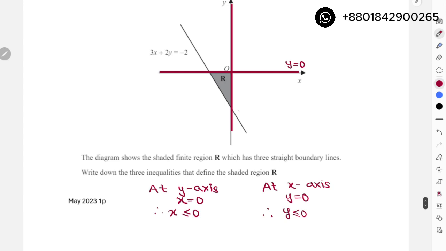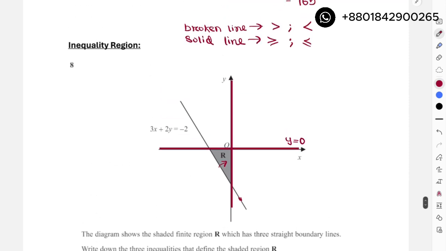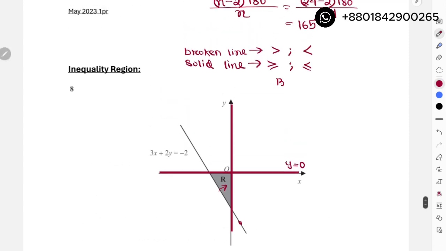Again, one thing to understand, this slant line or inclined line, the region R is above that inclined line. Below means less than, above means greater than, left means less than, right means greater than. I should write this down. Below means less than or less than equals to, depending on if the line is solid or broken. Above means greater than or greater than equals to, depending on if the line is solid or broken.